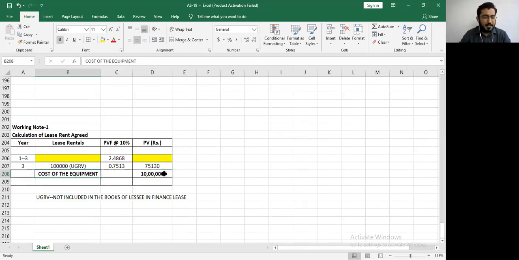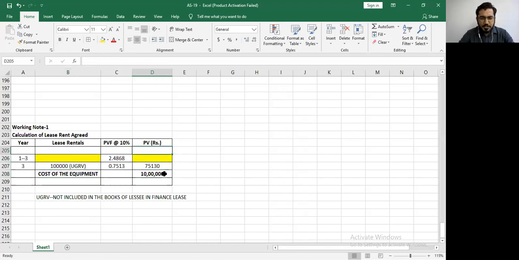Remember this sentence of mine: whenever in the question the cost and fair value of the equipment are exactly the same, you can take either the cost or the fair value. You can write anything because ultimately it will match, so it will come to 10 lakhs. You can write cost of equipment over here.